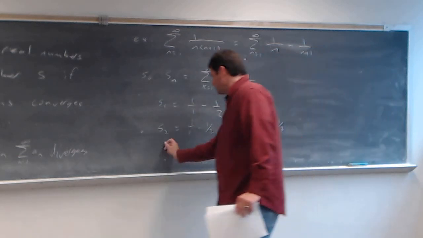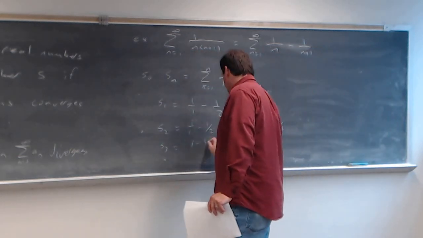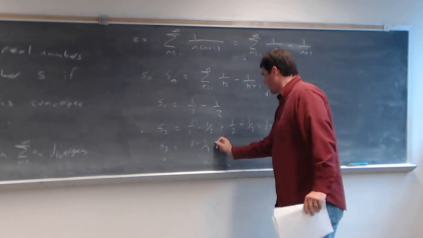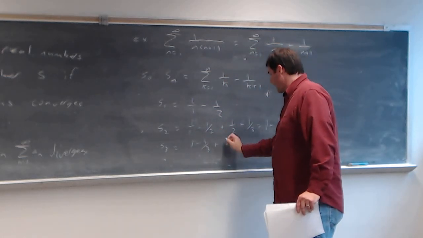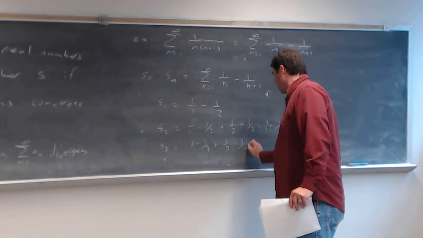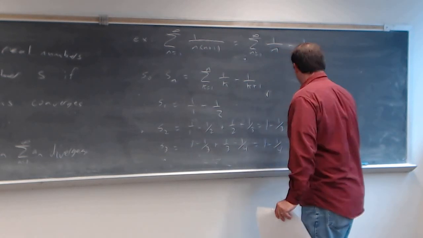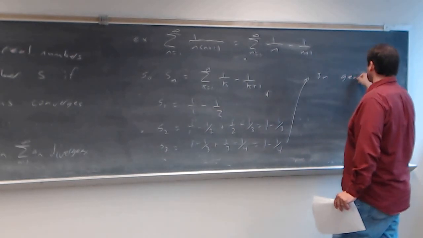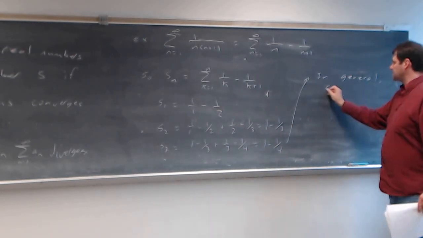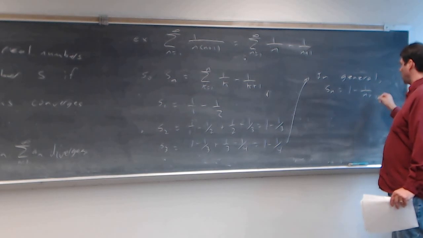S of 3 is going to be equal to 1 minus 1 over 3, that's when you add the first two together, plus what I get when n is equal to 3. Then I'd have 1/3 minus 1/4, which equals 1 minus 1 over 4. In general, S of n is going to be equal to 1 minus 1 over n plus 1.